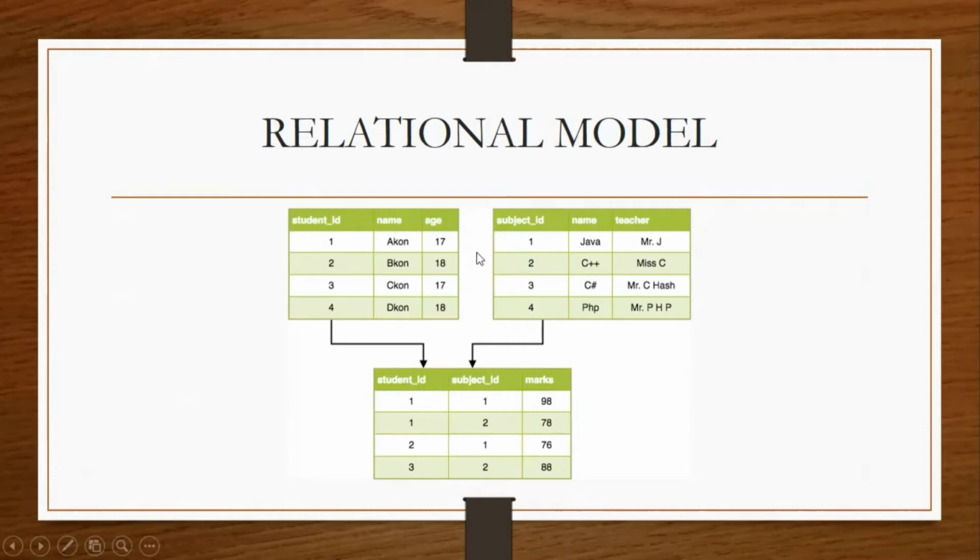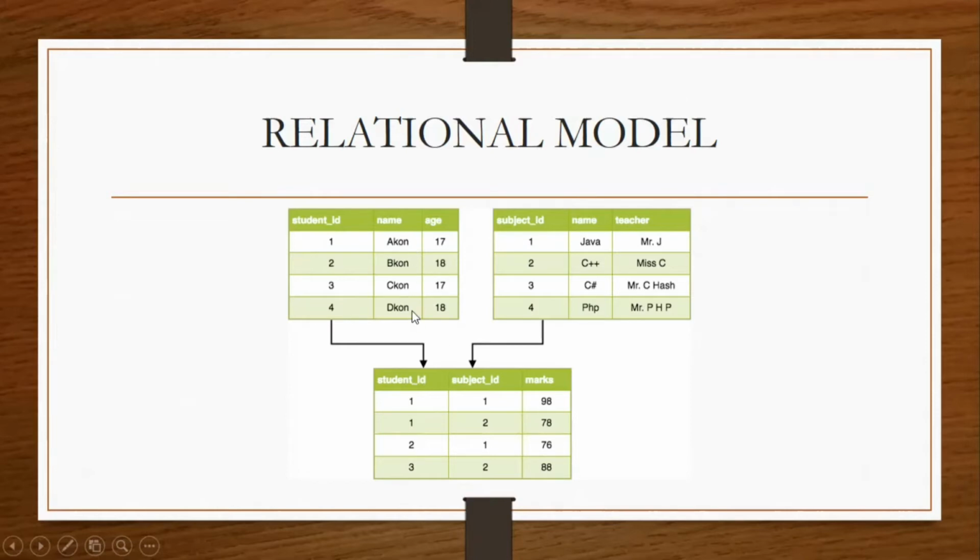We can make different tables. In one we have written all the subject names, in another we have written the names of the students, and in the third table we have written the marks.